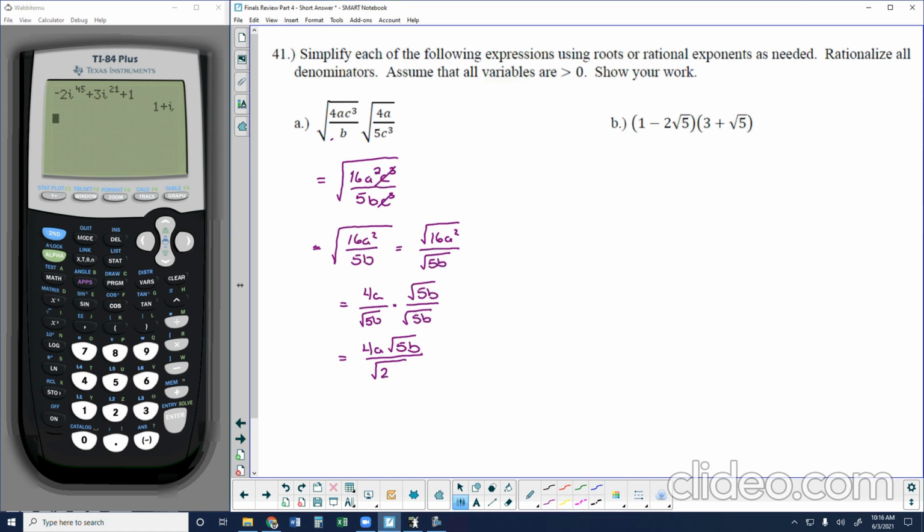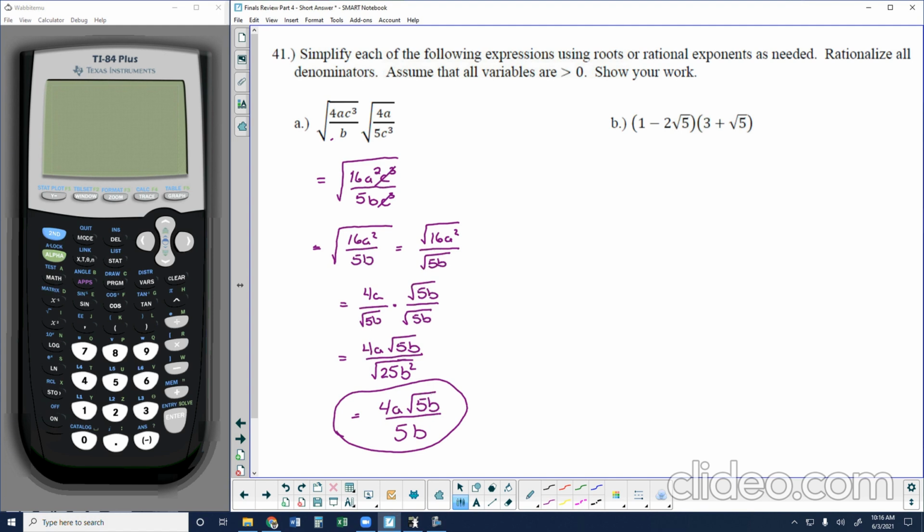I can multiply the radicands to get 25b squared. And 25b squared can be simplified. Square root of 25 is 5. The square root of b squared is b. So our final simplified expression of this, rationalizing the denominator, would be 4a times root 5b over 5b.